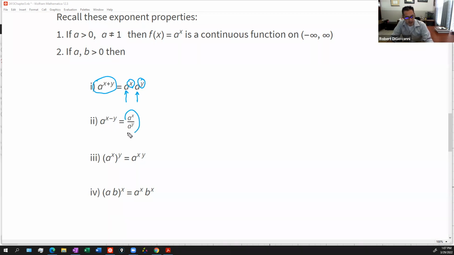If you divide two things that have the same base, a and a, then you subtract the powers. Examples: x squared times x cubed is x to the 5th. x cubed over x is x to the 2nd, because you take the 3 and subtract the 1. These are the properties in action.